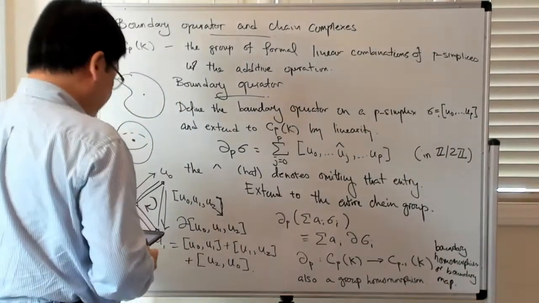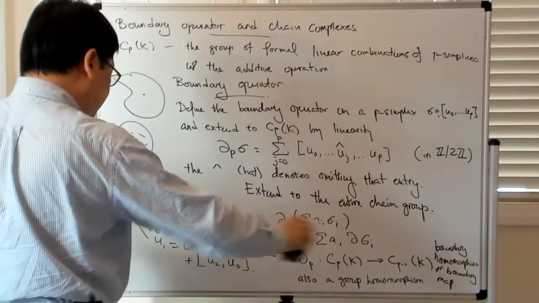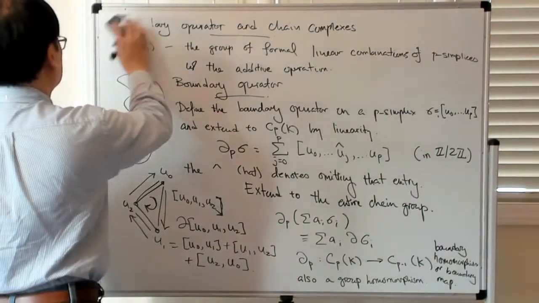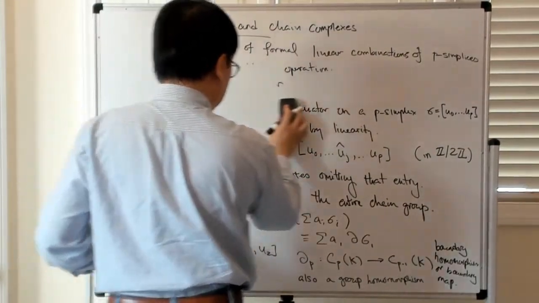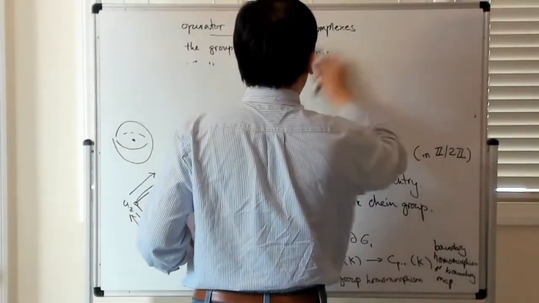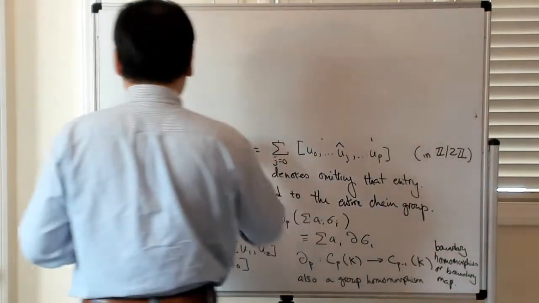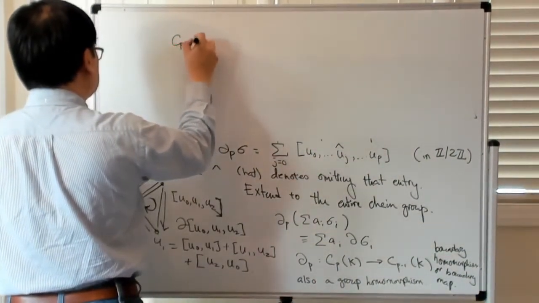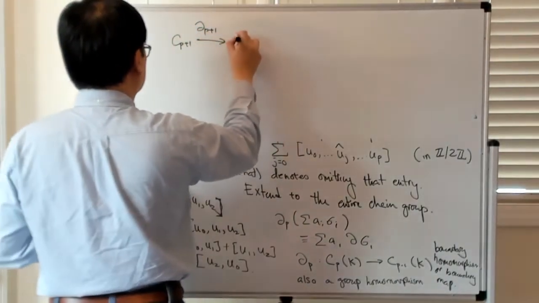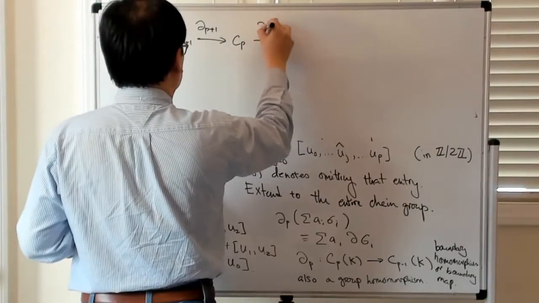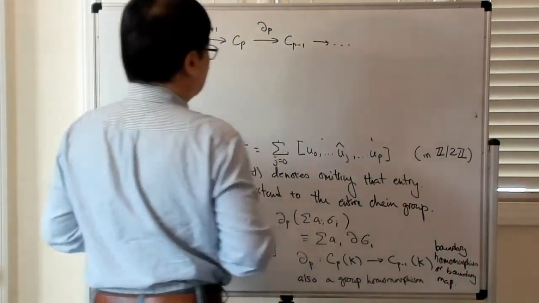And of course, you can now string all these boundary operations together. So you get C_{p+1} maps by the boundary operator to C_p, to C_{p-1}, and so on.